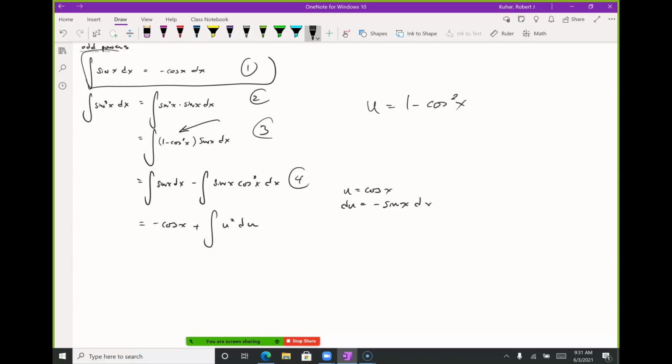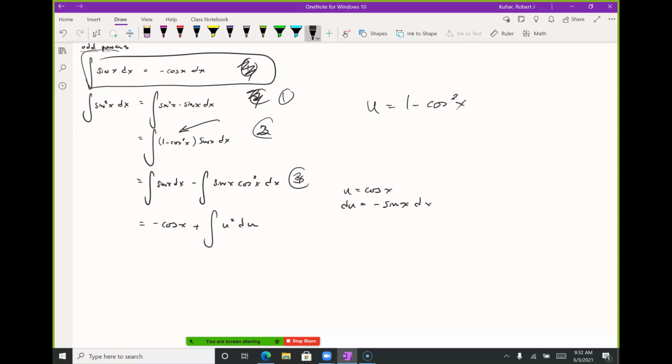First line was the first example, and then the next line is the second example. So remember, I'm looking for odd powers. Sine to the first, sine to the third, sine to the fifth, sine to the seventh. I just mixed two problems up together. Sorry. The second line is a new problem, sine cubed.